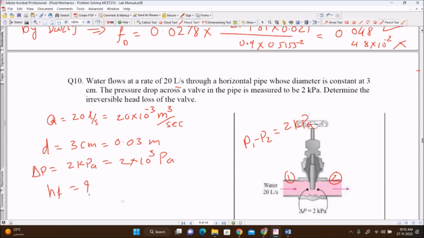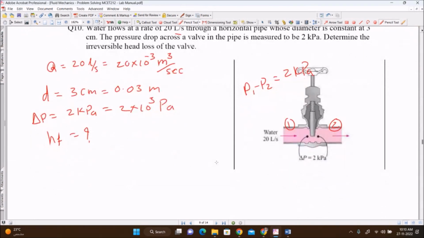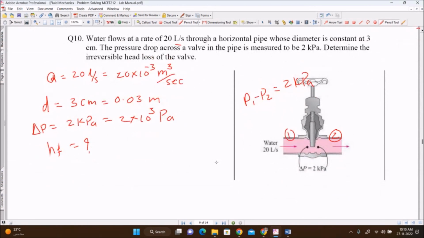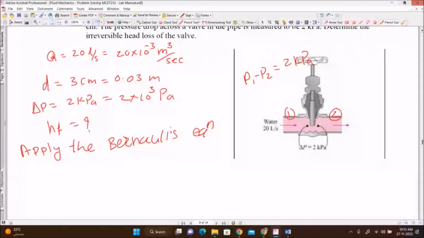Now the water is flowing, which means we need to use the properties of water. The density, no need to write, we already know it. Apply Bernoulli's equation. What is Bernoulli's equation? The energy at inlet is equal to the energy at outlet. The energies at inlet are kinetic energy, pressure energy, and potential energy.